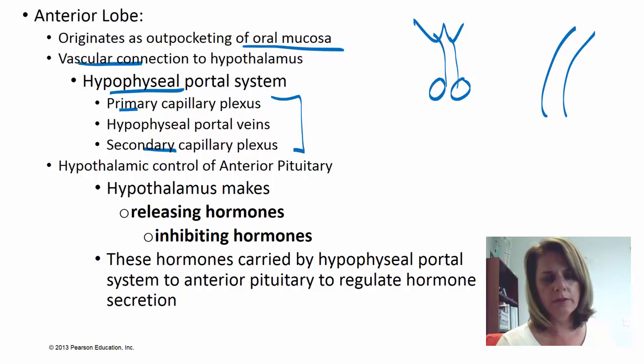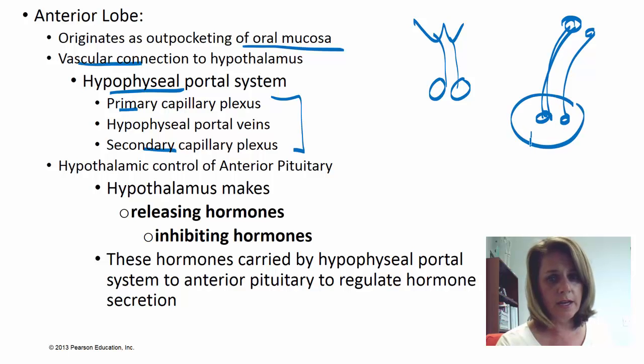The hypothalamus controls the anterior pituitary in a different way than it controls the posterior pituitary. If you remember, in the posterior pituitary, it makes the hormones and transports them down to the axon terminals where they're stored inside the posterior pituitary, then released. Well, the anterior pituitary connection in hypothalamus is a little different.